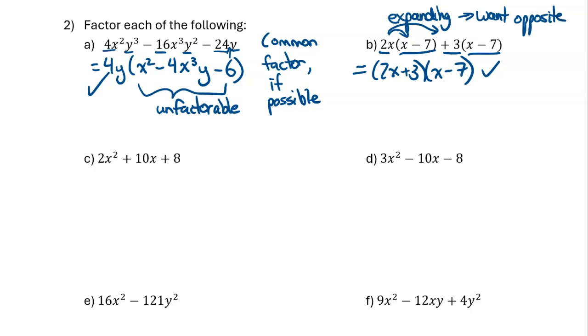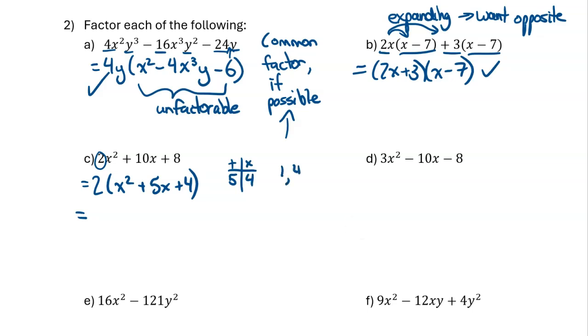Now to the third example, 2x squared plus 10x plus 8. Now we see the 2, and initially that seems to be making things more difficult, but we can common factor first. We always want to do that first. So that gives me x squared plus 5x plus 4. And now it's a simple trinomial. I need to find two numbers that add to the middle term, 5, and multiply to the last term, which is 4.